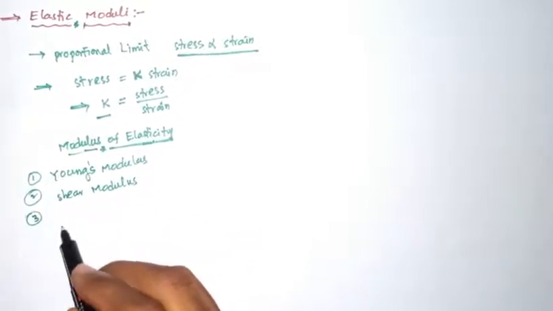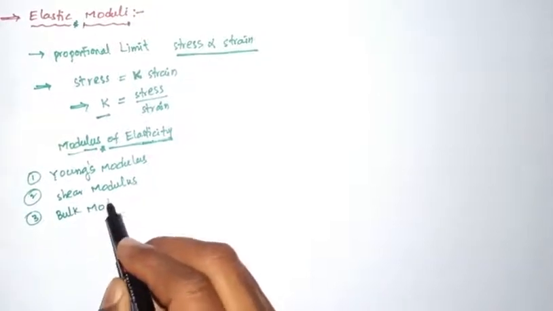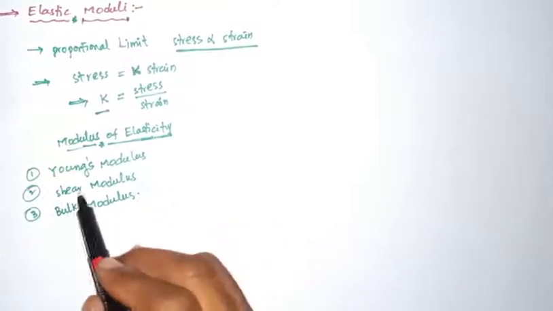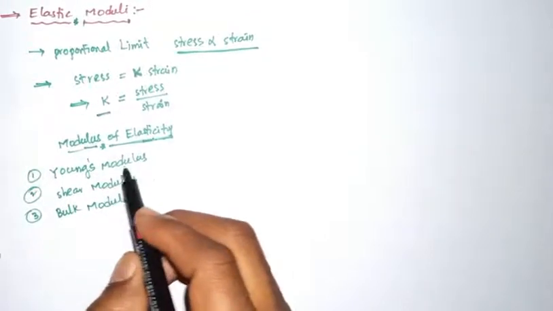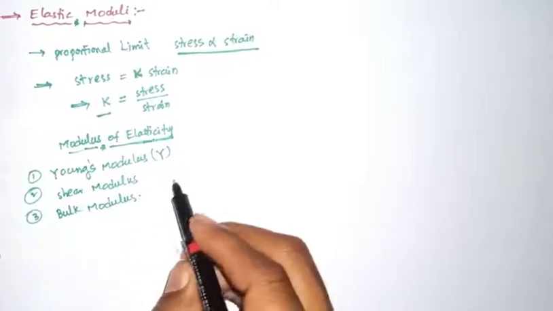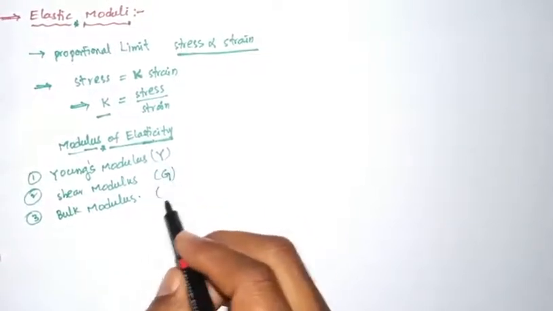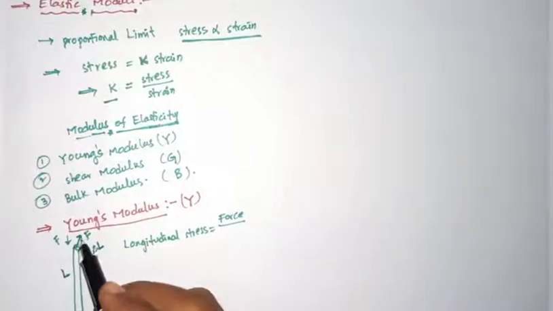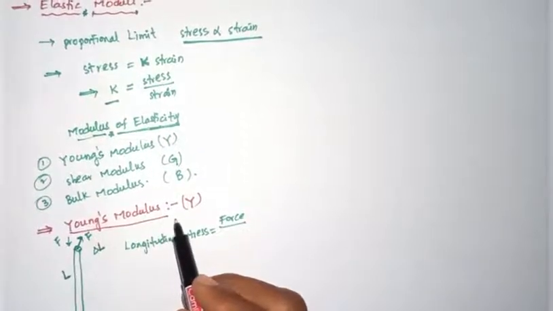Third, bulk modulus. Young's modulus is denoted as Y, shear modulus is denoted with capital G, and bulk modulus is denoted with B.